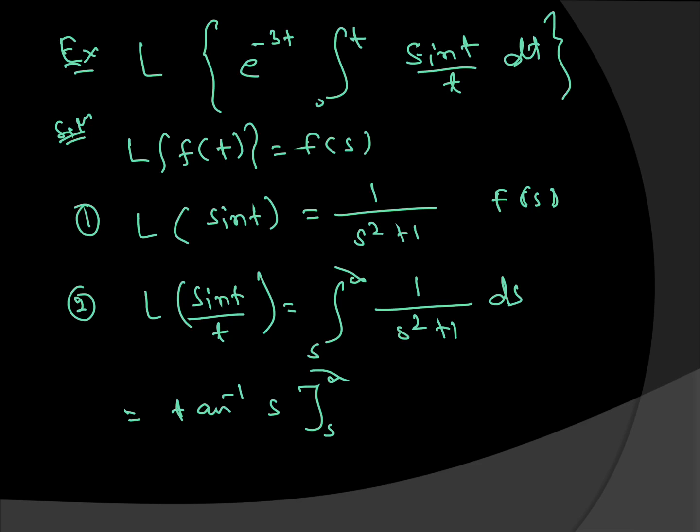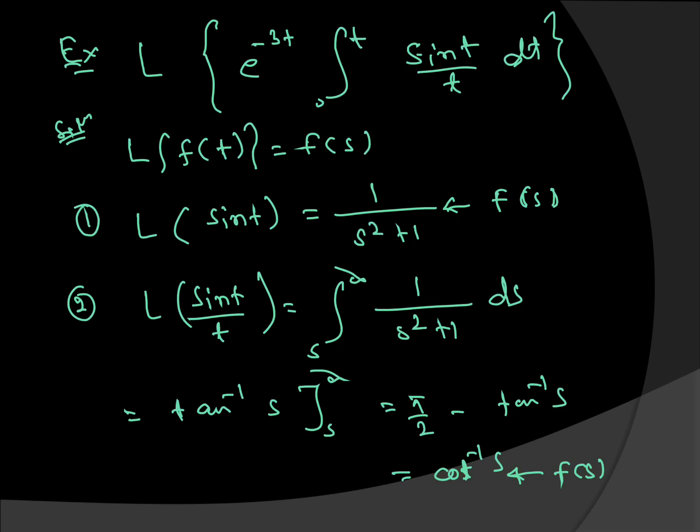Tan inverse infinity is pi by 2 minus tan inverse s. You can write it as cot inverse s. So this is your current f of s. This is up to step 1 f of s, and up to step 2 this is current f of s.